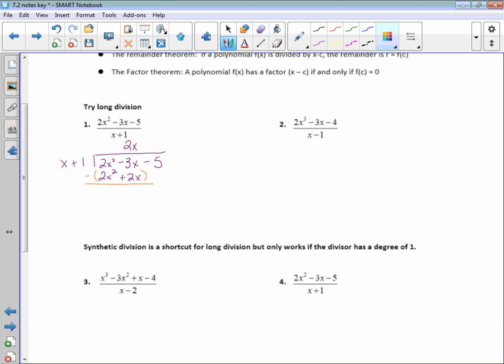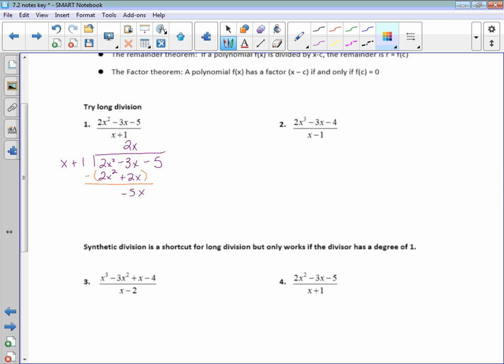All right. So let's subtract. What's 2x squared minus 2x squared? Okay, 0. That has to cancel out every time. If it doesn't, you have done something wrong and you need to go try again. Then negative 3x minus 2x. What do I get? Negative 5x.